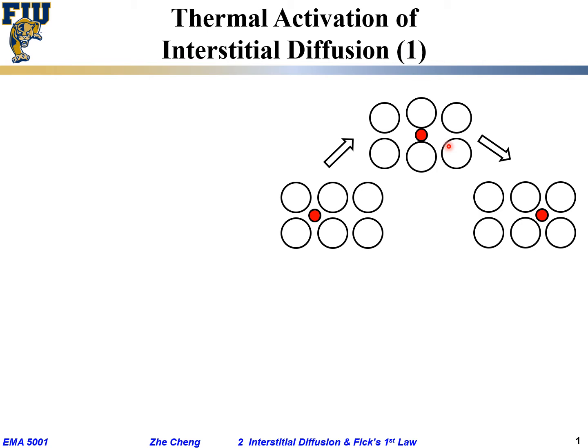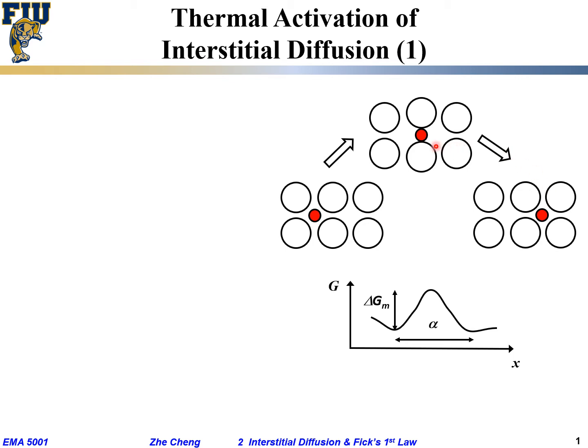Make sense? Then, if we consider the so-called energy perspective, initially, I'm sitting at a valley site. Afterwards, it also sits at a valley site. And typically, these two valleys have the same energy. Make sense? Because they are indistinguishable.